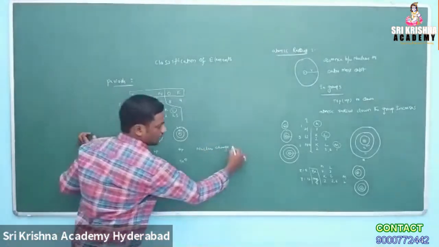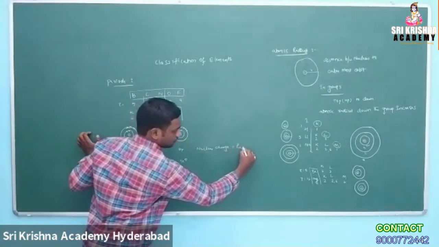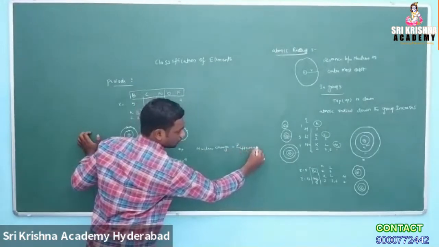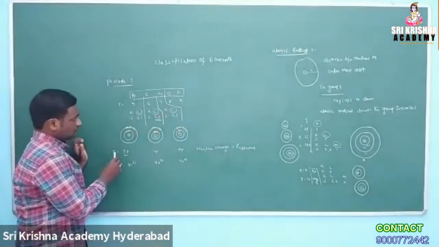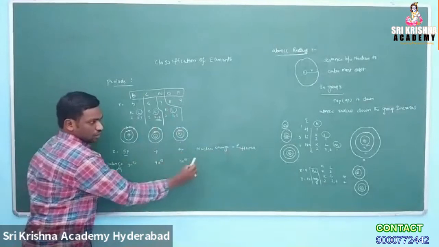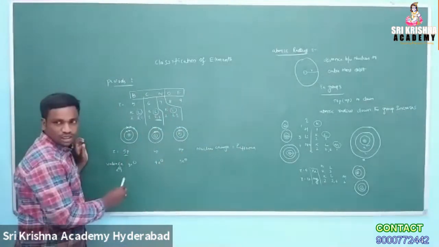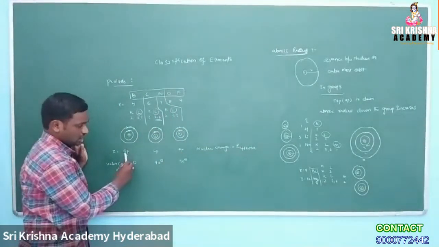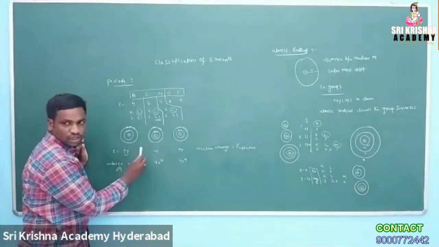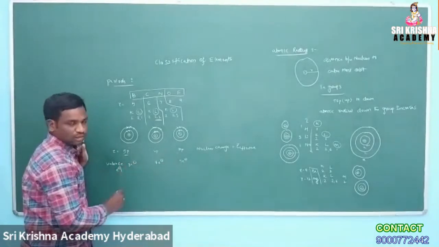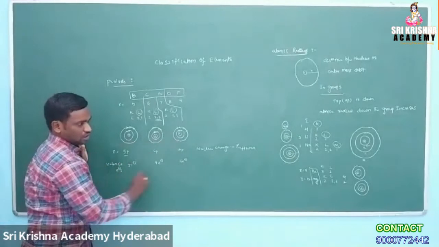This we also call Z effective. Z effective is also called nuclear charge. From boron to nitrogen, the nuclear charge is increasing. Nuclear charge means positive charge in the nucleus is increasing: 5 positive charge, 6 positive charge, 7 positive charge.